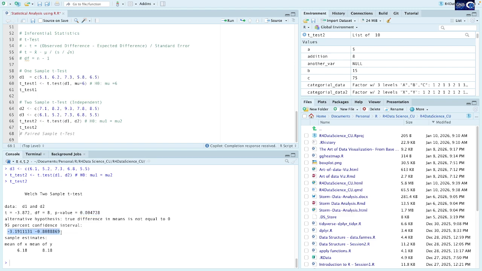In this case the p-value is less than 0.05, so we reject the null hypothesis, and you can see the confidence interval does not contain the hypothesis mean, or the means here.